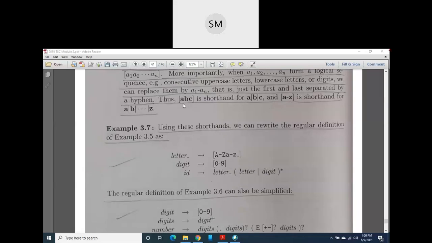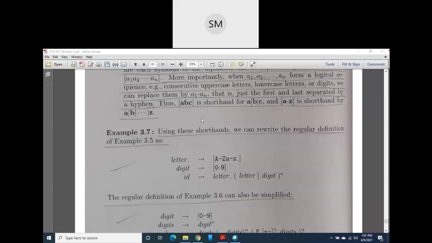It means that any one of them will be present, either A or B or C. The square bracket indicates the range. Then A-Z is a shorthand for A pipeline B pipeline C pipeline D up to Z. Are you understanding the power of these square brackets now?